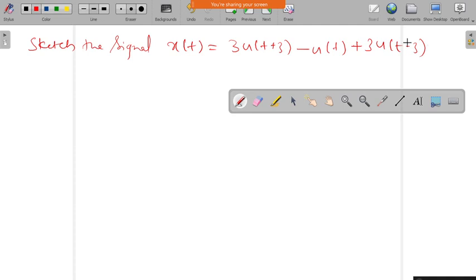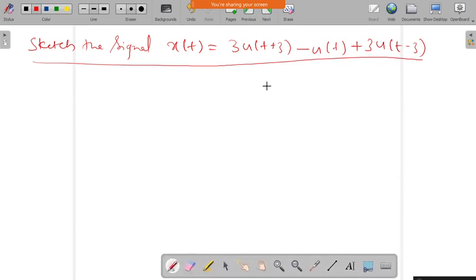So this kind of problem. They will give it in terms of the unit step function and you have to sketch this x of t.